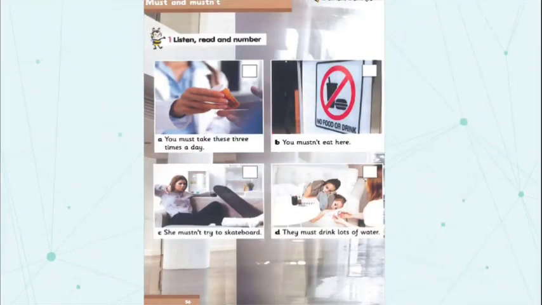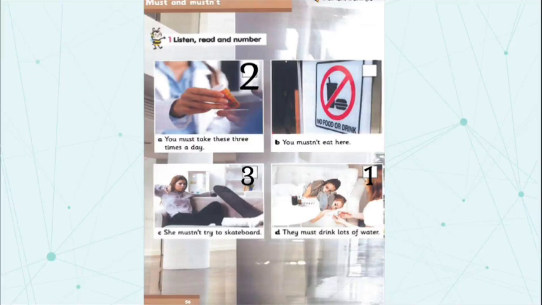So now let's check your understanding in your student's book. Exercise number 1. Listen and read the number. Number 1, they must drink lots of water. Number 2, you must take these 3 times a day. Number 3, she mustn't try to skateboard.